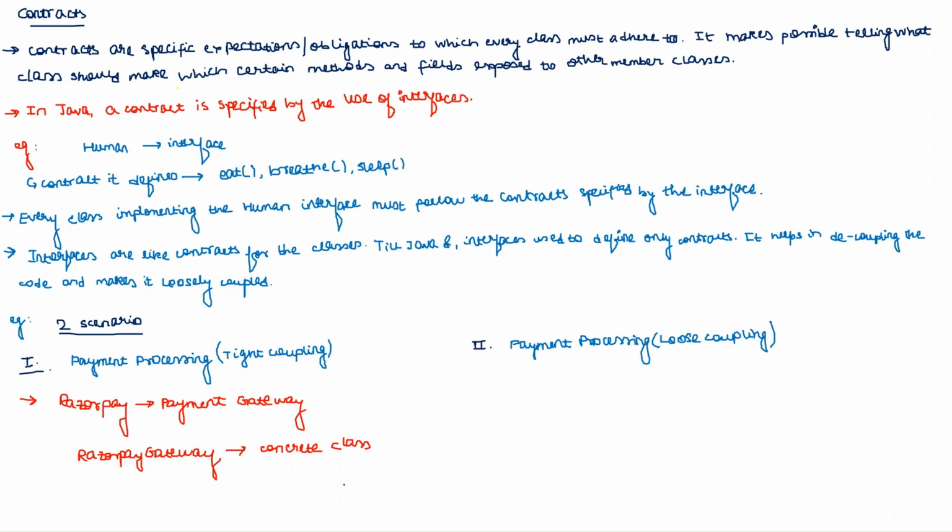Now, let's say that your company has decided that it wants to switch from Razorpay because of some platform charges that it consumes. And the switch should be to a Stripe gateway, using the Stripe payment gateway. Then again, you would start writing a concrete class for the Stripe gateway. Now, in the future this might change again, and the company says we don't want a third-party payment gateway, let's integrate some of our own payment gateway into it.